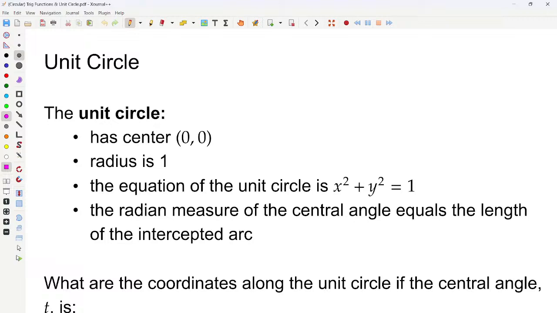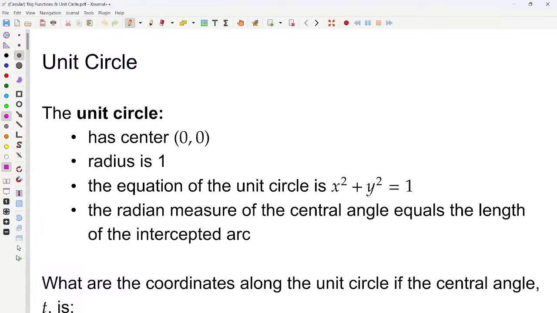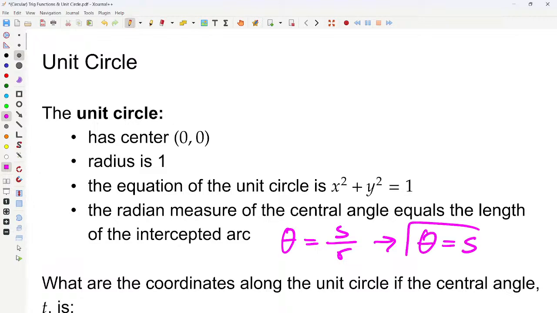The radian measure of the central angle equals the length of the intercepted arc. What? Earlier tonight, we've already established that theta in radians is s over r. But what circle is this? Which means the radius is 1. So the angle is equal to the arc length. That's what this says right here.